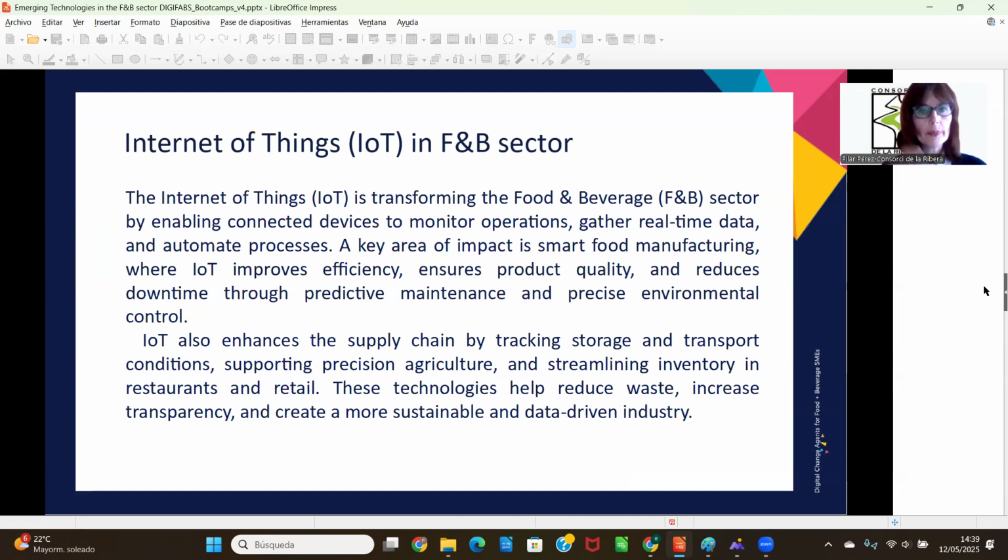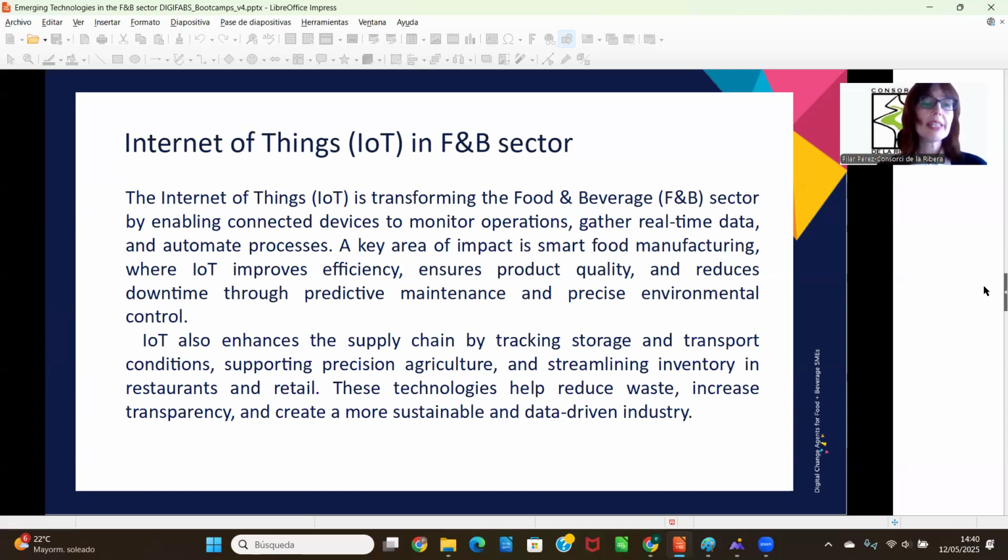Just imagine, to have the picture in mind, a smart refrigerator that tracks inventory, all the items that are lacking in the refrigerator, and automatically orders the lacking items from the shop.